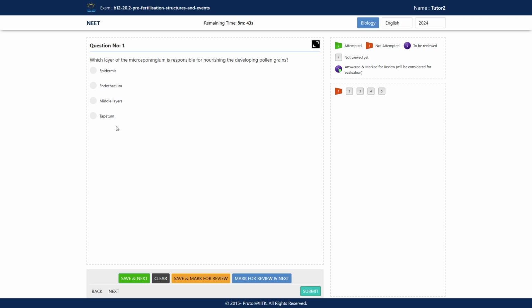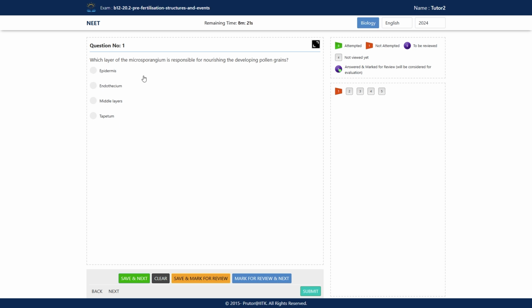Just below the middle layer, there is the tapetum layer. This tapetum layer has more than one nucleus, and it is involved in providing nourishment to the developing pollen grain.